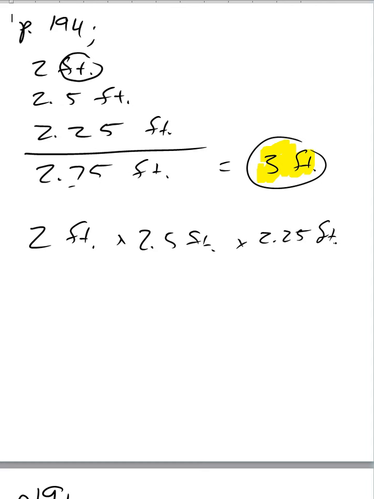I've got to grab my calculator here real quick. So when I multiply 2 times 2.5 times 2.25, I get an answer of 11.25 cubic feet.